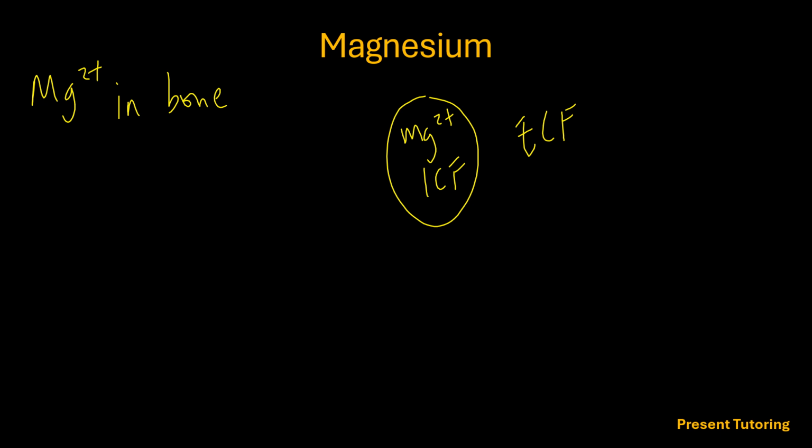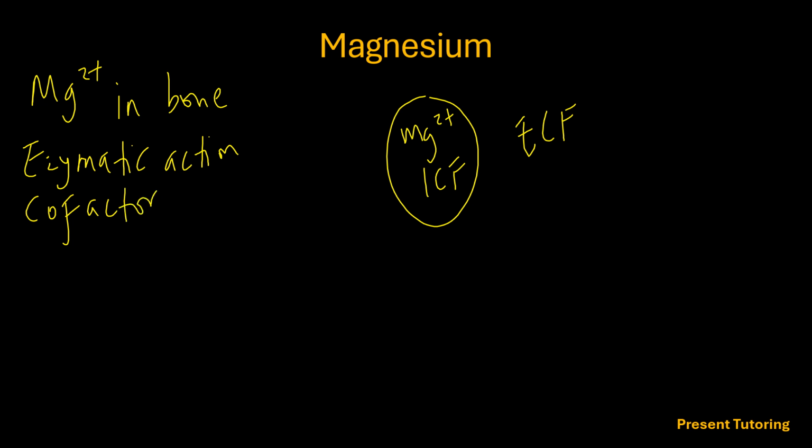Magnesium has a very important role to play when it comes to enzymes. It definitely helps to support enzymatic action. In terms of that, we can say that magnesium is a cofactor, and it's actually a cofactor in a lot of enzymes.